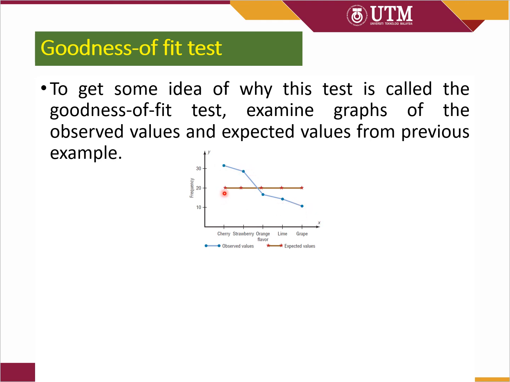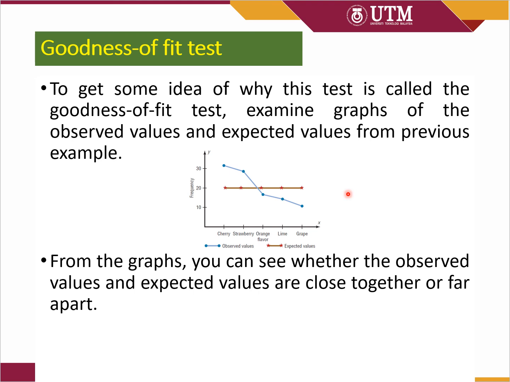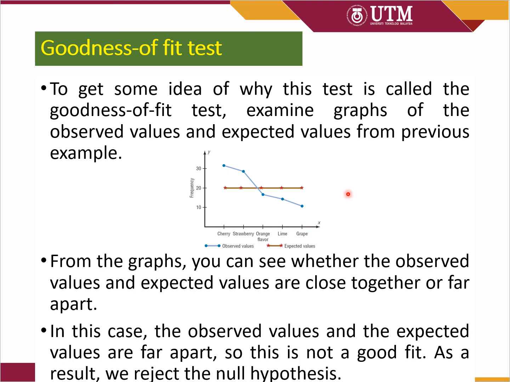And here we have the expected values, which are all equal to 20. From the graph, you can see whether the observed and expected values are close together or far apart. In our case, they are far apart, so this is not a good fit. As a result, we reject the null hypothesis.